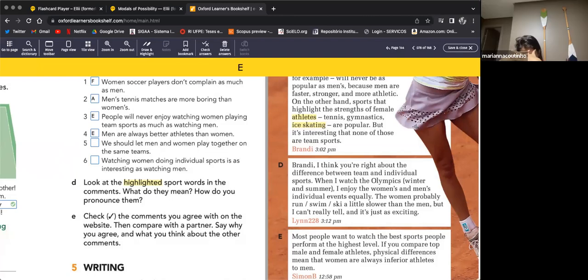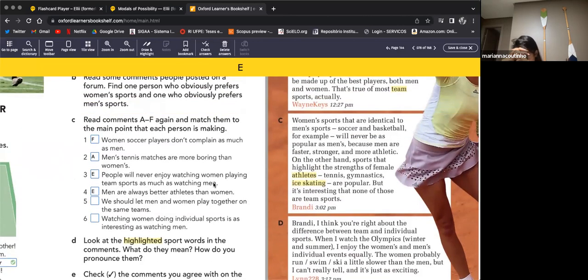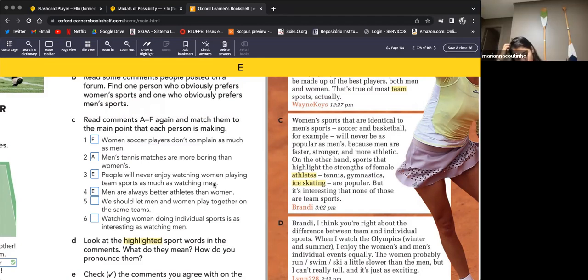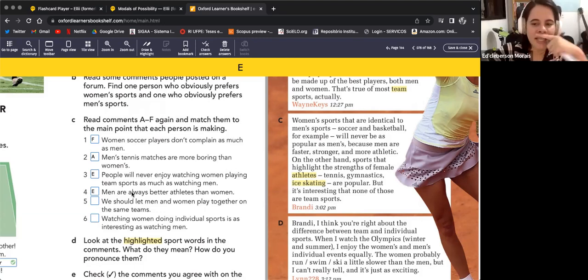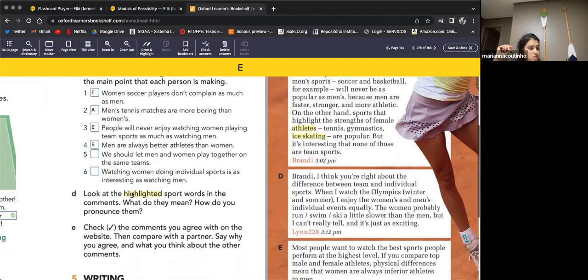We should let men and women play together on the same teams. I know this one. This one is branding. I think it's letter C. Yeah, I think it's C. Number 6, I think is D. D. Yeah.